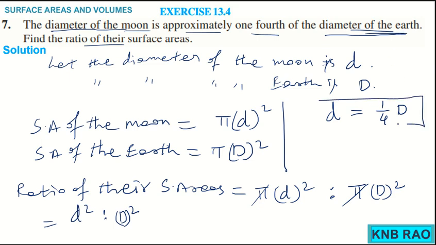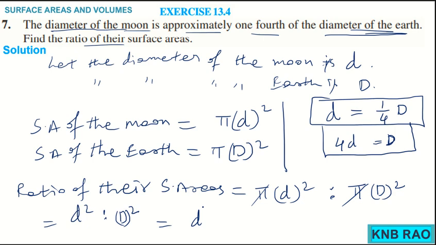So, with this relation I can write capital D equals 4 times small d, that I can substitute here. So, d square is to (4 times d) whole square, it implies d square is to 16 d square, again d square cancels.